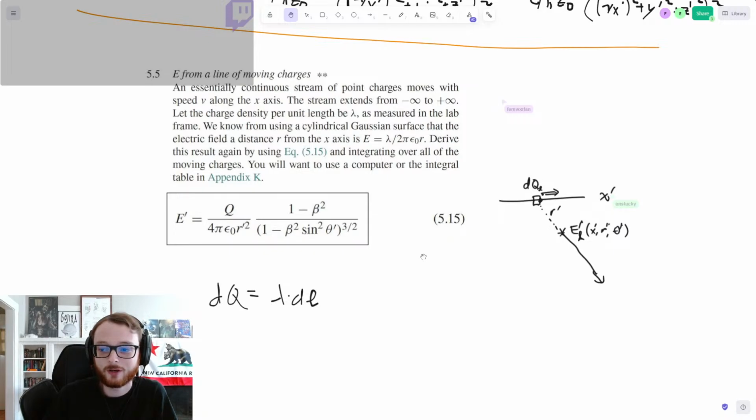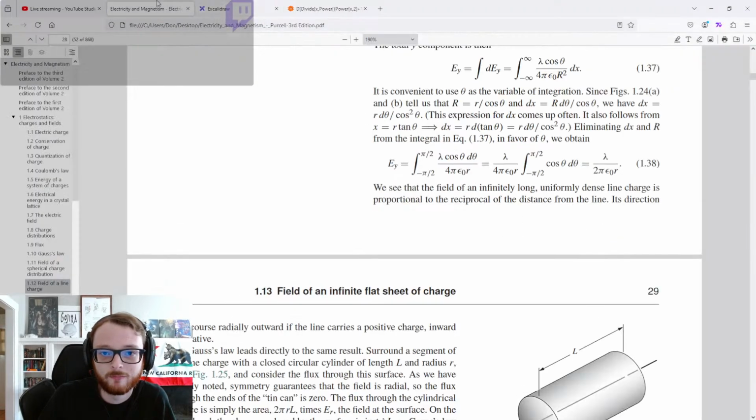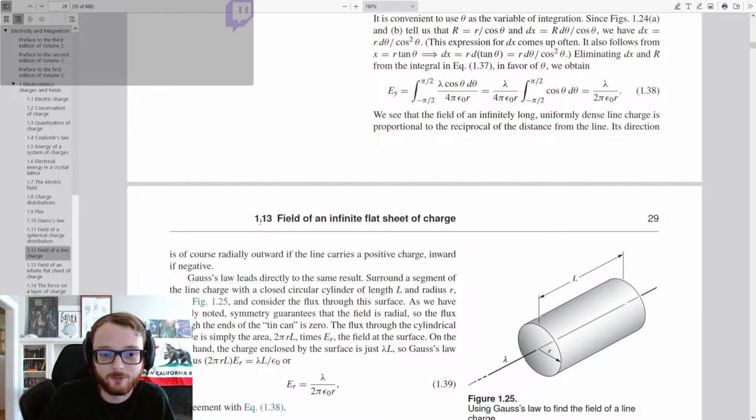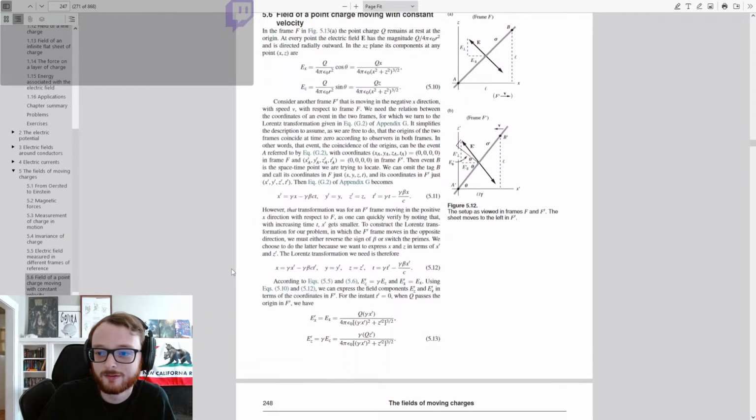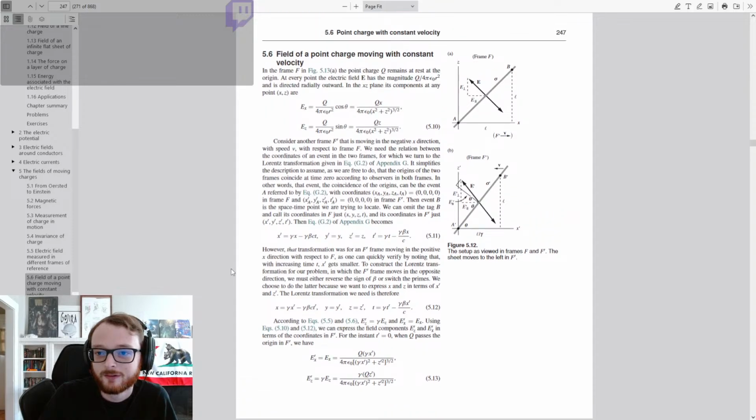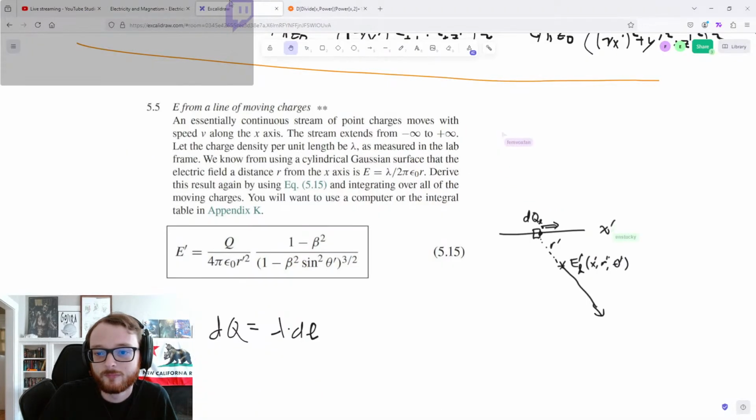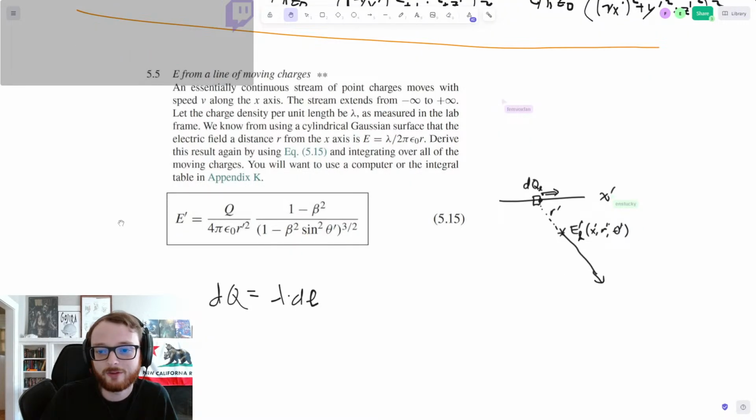But I think this E prime thing comes from the point moving and the charge being stationary. And I guess I see what you're saying now with, why can't we just break it into components and translate it back? But I guess this is for a single point charge, which is why we still need an integral of some kind.